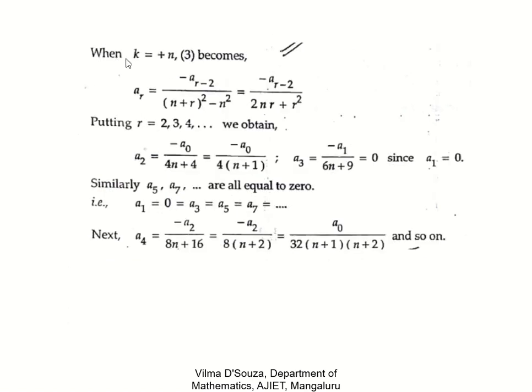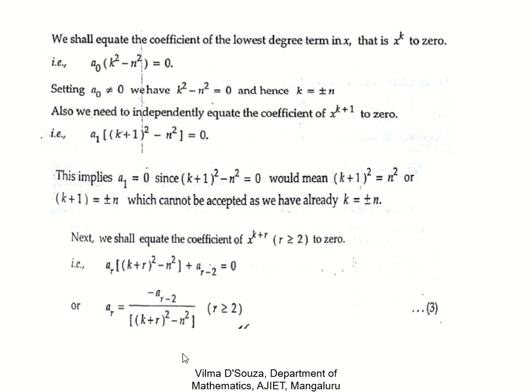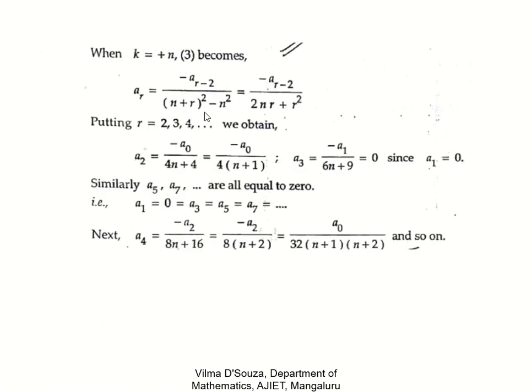Now, when k is equal to n, what do we get from this? AR is equal to minus AR minus 2 divided by n plus r whole square minus n square.